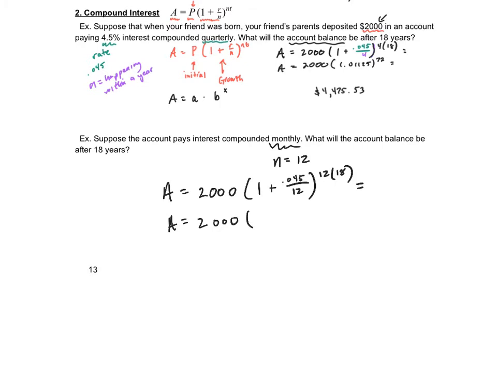Let me put it in the calculator and see. Okay, so when I multiply that out, the amount is going to be equal to 2,000 times 1.00375 raised to the 216th power, and that's going to give me $4,489.01. So just remember, when you're doing money, always round to the cents.